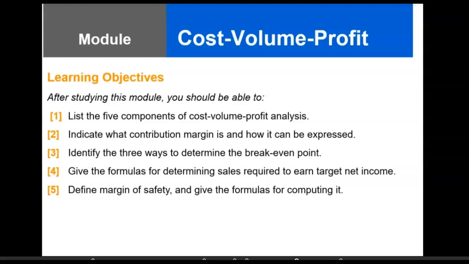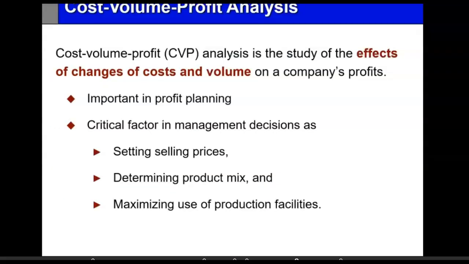So let's begin now. This is the study of the effects of changes of costs and how they change in relation to volume and the effect that has on a company's profits. So there are 3 things: cost, the level of activity or volume, and the profit. It's very important for management, for profit planning.